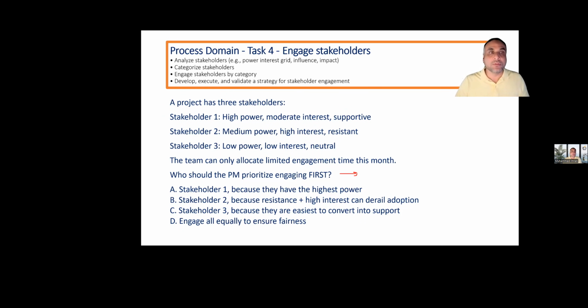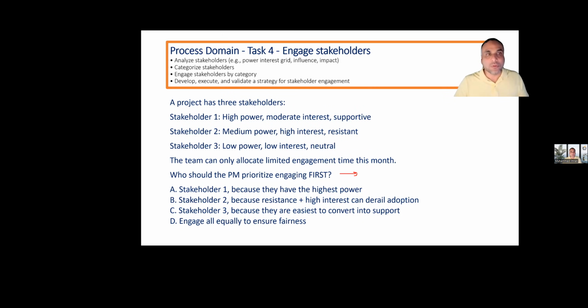Who should the PM prioritize engaging first? So I know this is the question. Now, I can start reading from the top. High power, moderate interest, supportive. Medium power, high interest, resistant. Low power, low interest, neutral.